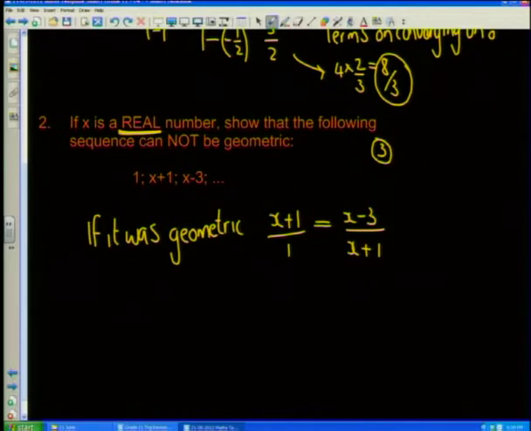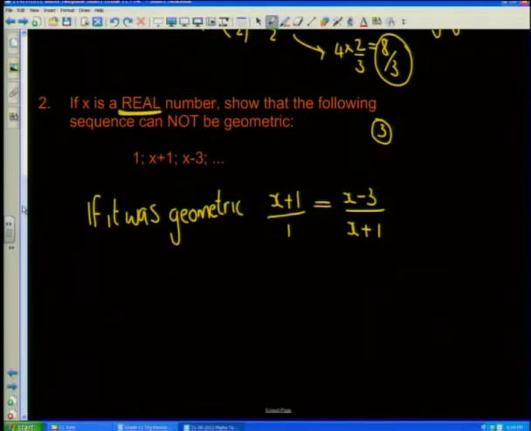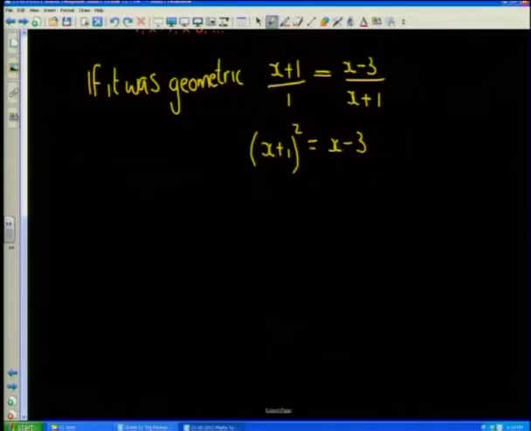Right, so if it were geometric, I would be able to do that. Multiplying up, I would get x plus 1 squared would equal x minus 3. All right, you know what to do with that. Of course you do. We're going to just distribute. We're going to get x squared plus 2x plus 1 is equal to x minus 3.